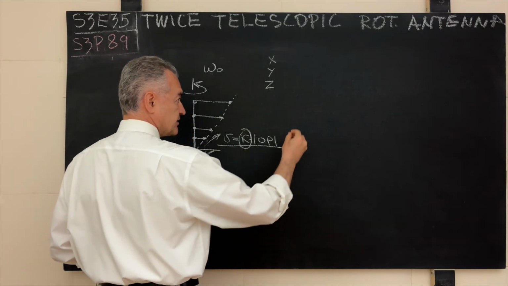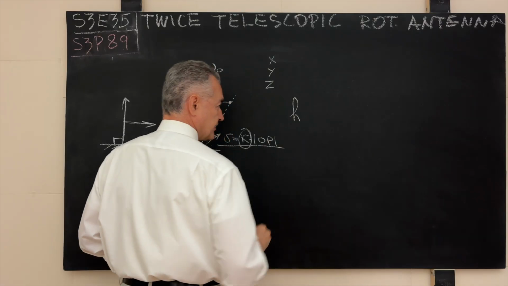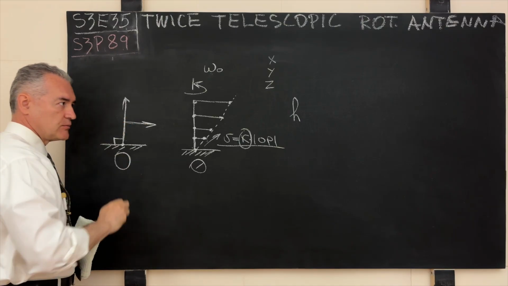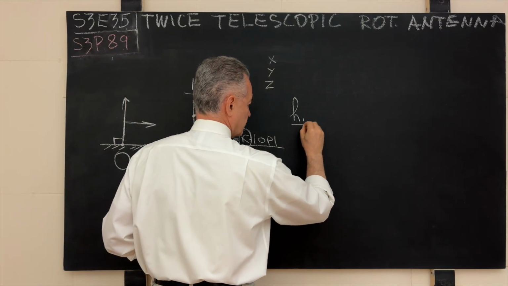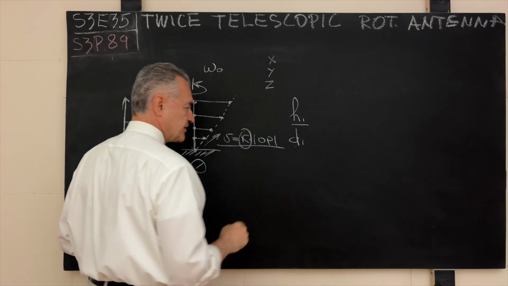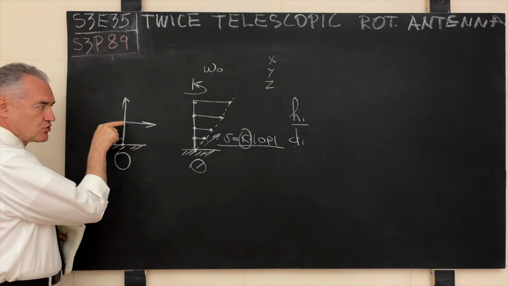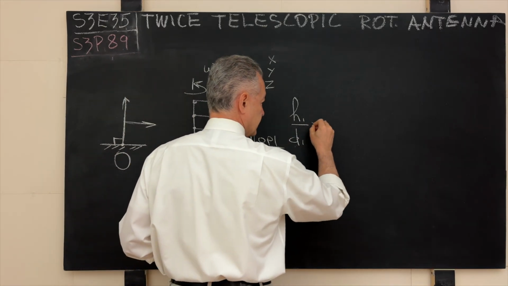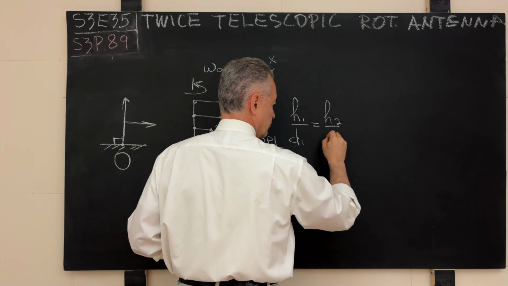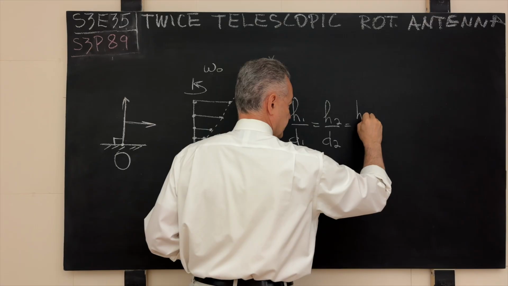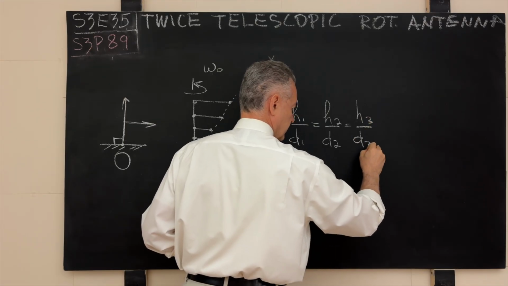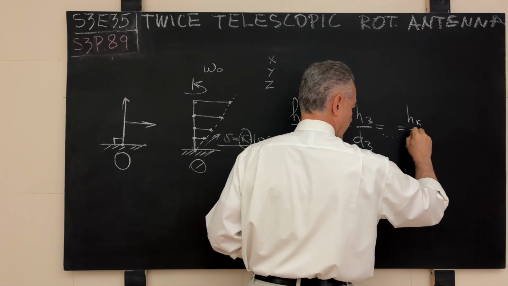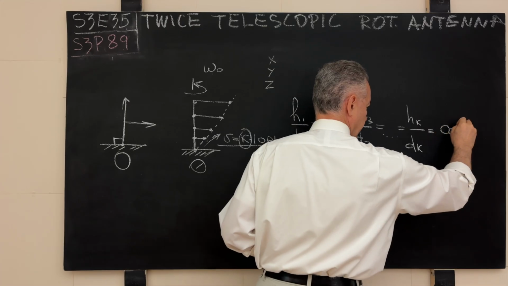What that means is that, let's say, if with h we designate the current length or the current height of the vertical arm of the antenna, then h1 relates to d1, and d1 is the distance of the outer edge of the horizontal telescoping out antenna at the moment of time 1, will be the same as h2 divided by d2 as h3 divided by d3, and so on. At any moment of time k, hk over dk is a constant real number.